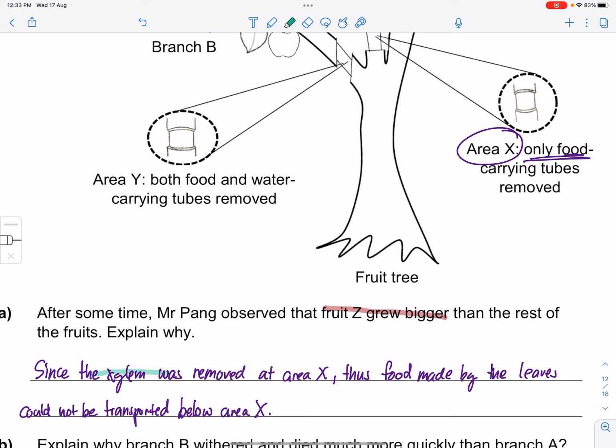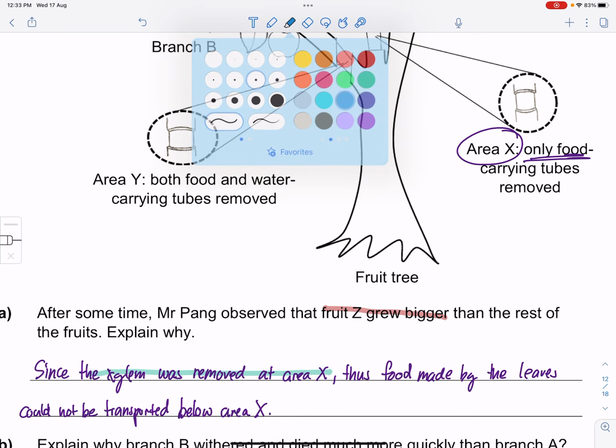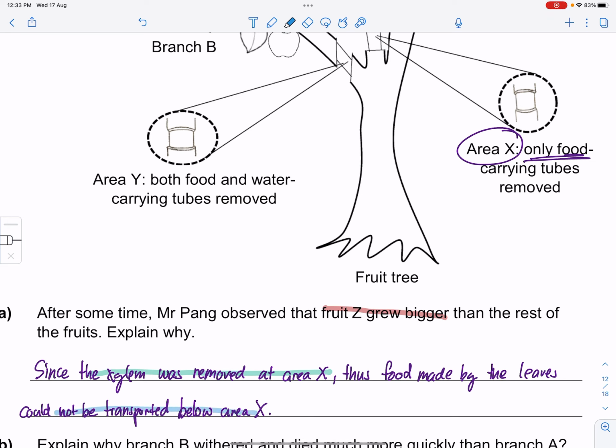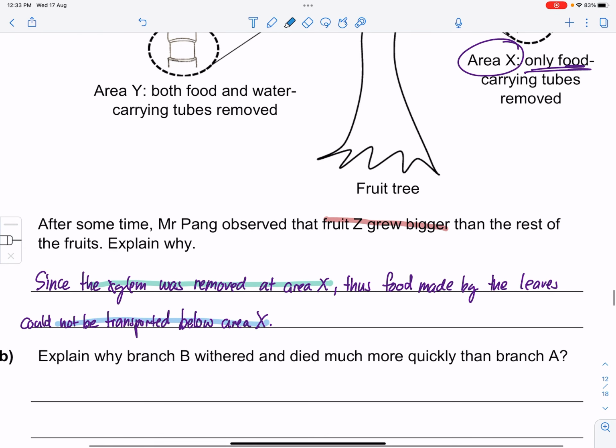The first requirement tells me which part is being removed. The second requirement tells me it cannot be transported where. Since it cannot be transported below area X, it can only be transported above.